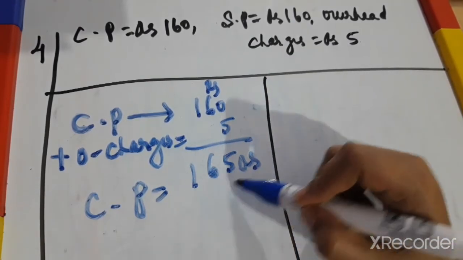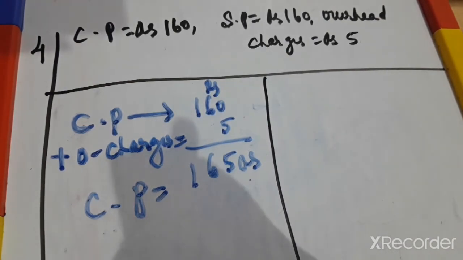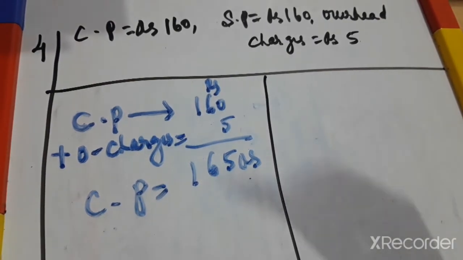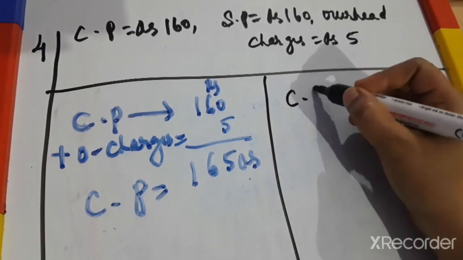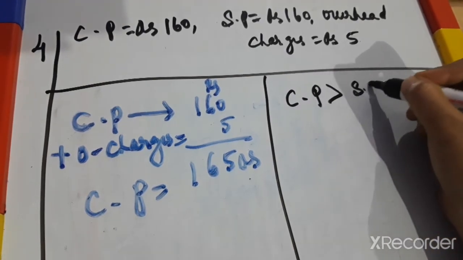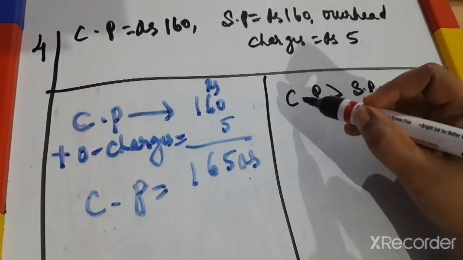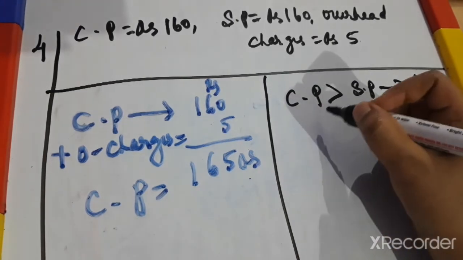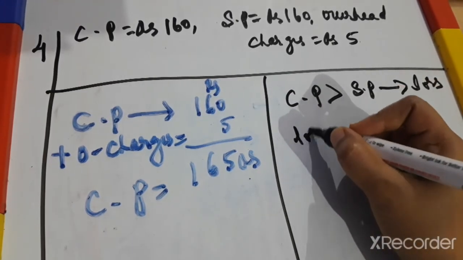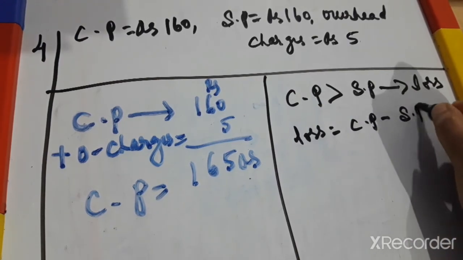So 165 is the cost price and selling price is 160. So profit or loss here? Which is greater? Cost price is greater than selling price, then we get loss. The loss formula is loss equals cost price minus selling price.